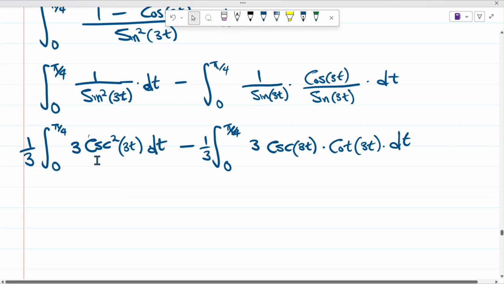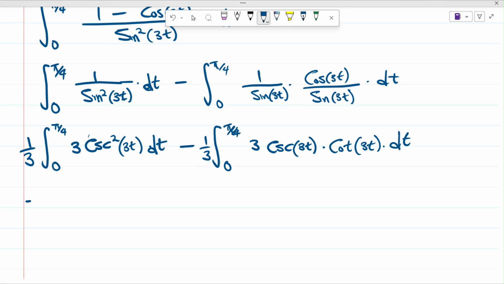So let's start with this guy here. Because we have the derivative of the argument and this trig function, we then ask ourselves, what is it that was differentiated for us to get positive cosec squared? What is it? It's negative. So negative 1 over 3.